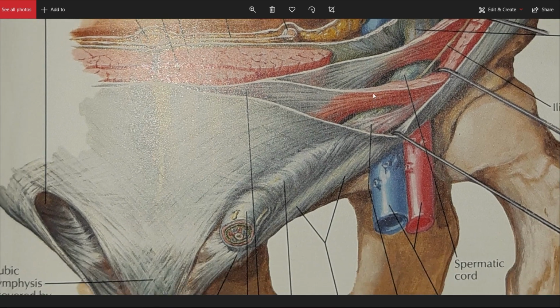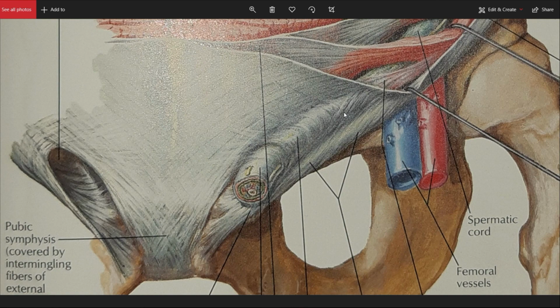Then the last one is the external oblique aponeurosis. From the external oblique aponeurosis, it derives the external spermatic fascia, right? So these are the three coverings of the spermatic cord.